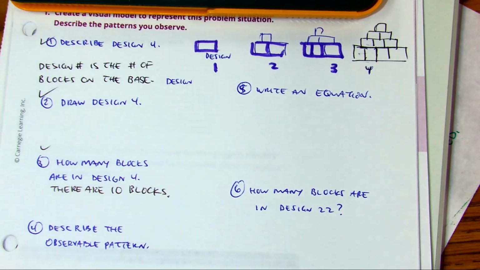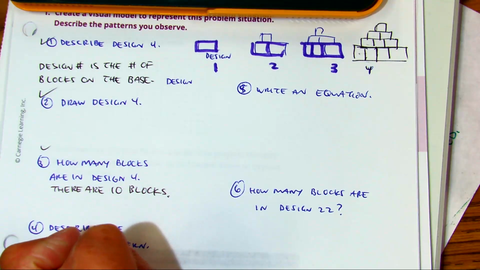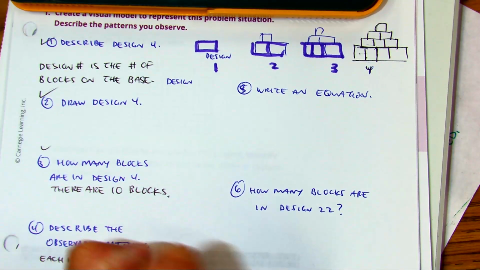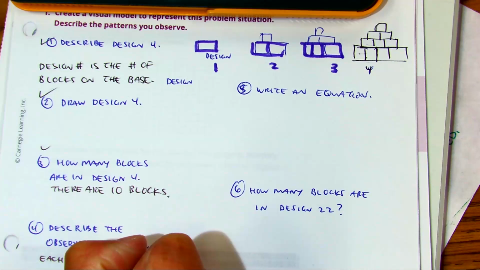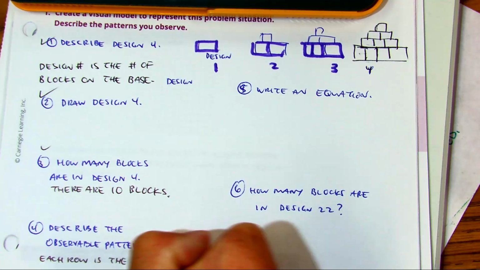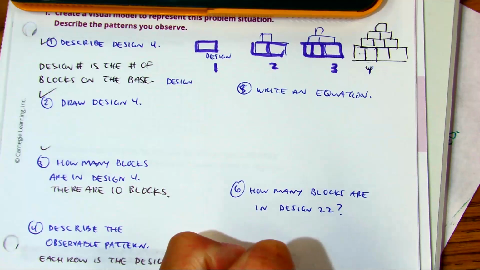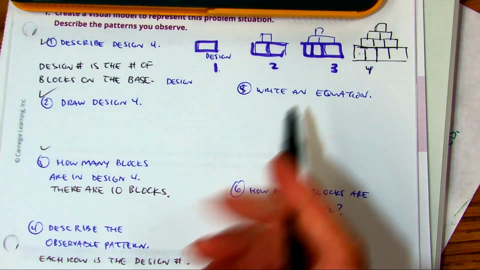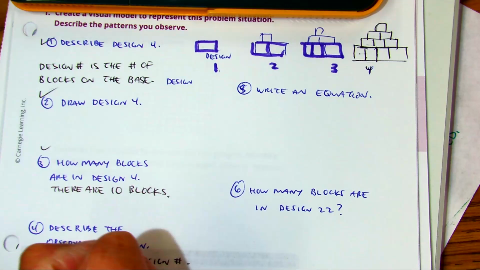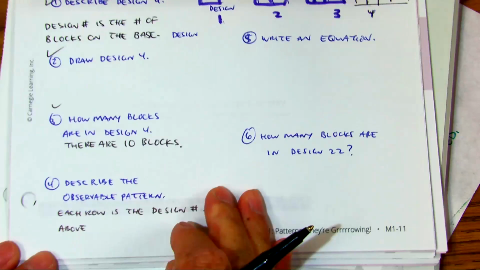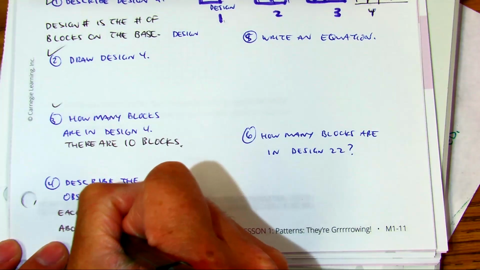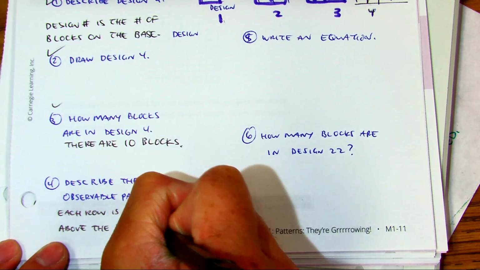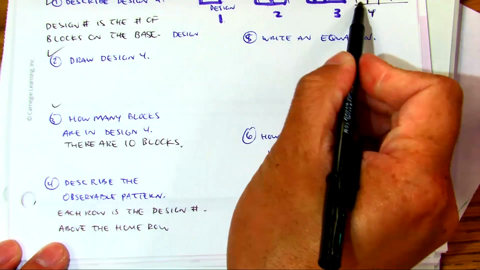Describe the observable pattern. Each row is the design number. So design 1, there's 1. And then above it, above the home row, this is home, right?